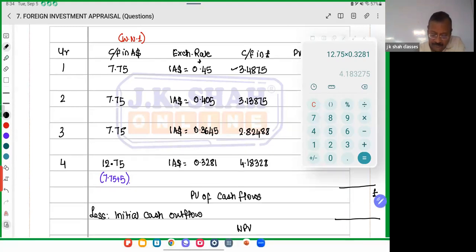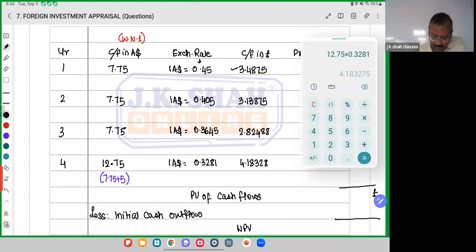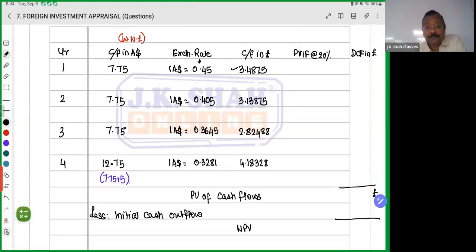Okay. Discount, and Ruchita says PV of cash flows 8.73, PV, not NPV, no, Ruchita? $8.7381 PV. Okay.